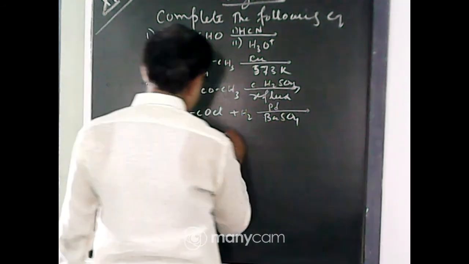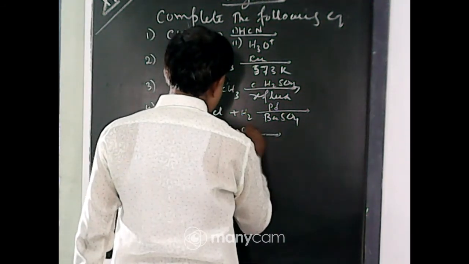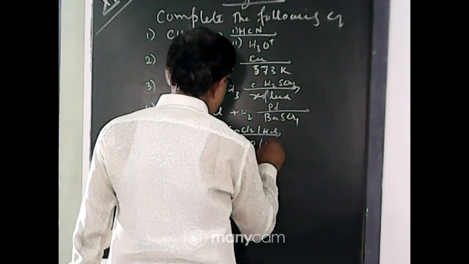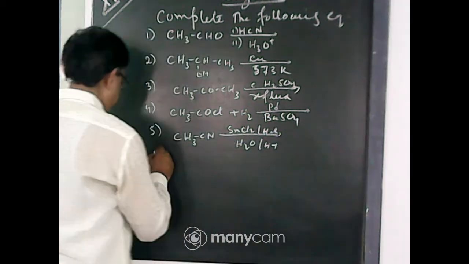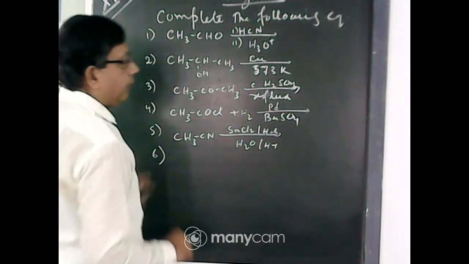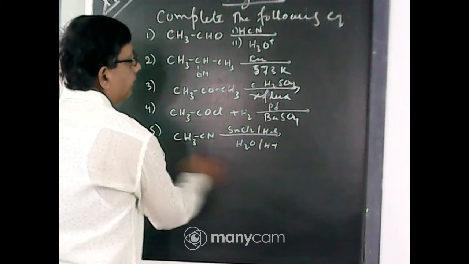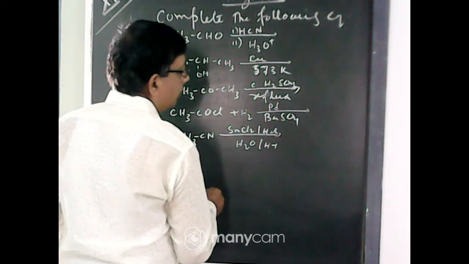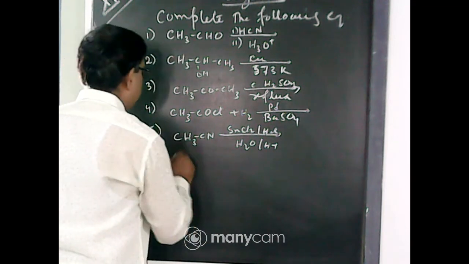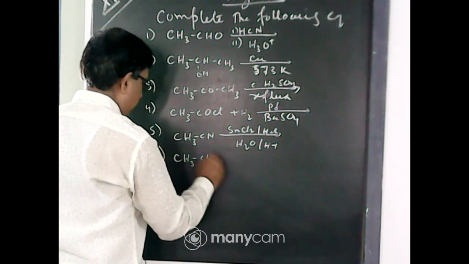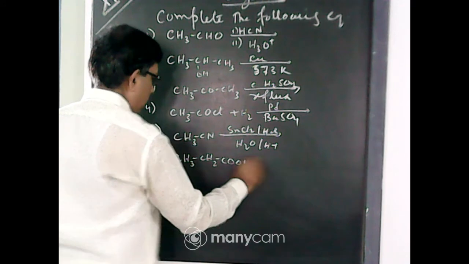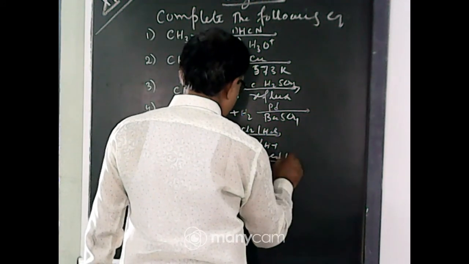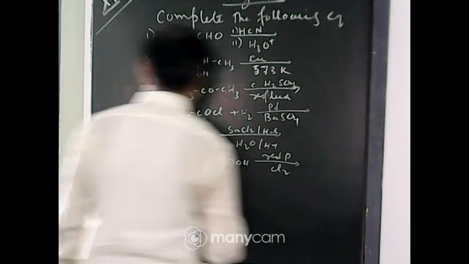Number 5, CH3CN with SnCl2, HCl, water, H plus. Number 6, CH3CH2COOH with red phosphorus and chlorine.